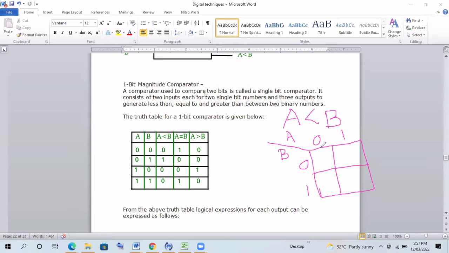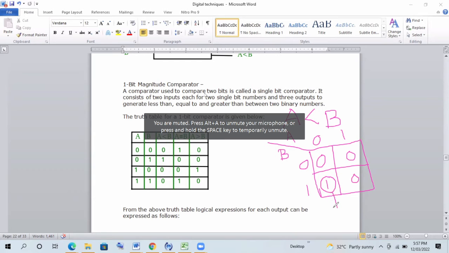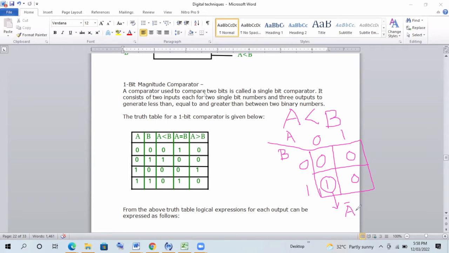So when A is 0 and B is 0, for A less than B the output is 0. When A is 0 and B is 1, the output is 1. A is 1 and B is 0, the output is 0. And A is 1 and B is 1, output is again 0. Okay. So we can encircle this one and we can write down the expression for this is A bar dot B. Okay. A bar dot B.